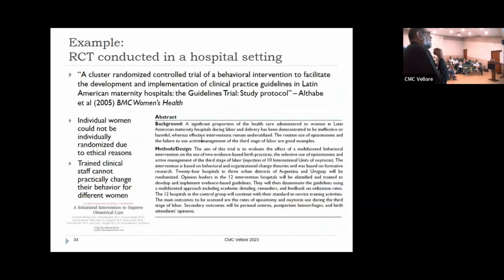This is a study that was done in Argentina and Uruguay in South America, where they wanted to improve the practice in delivery of active management of the 3rd stage of labor. They got that right.